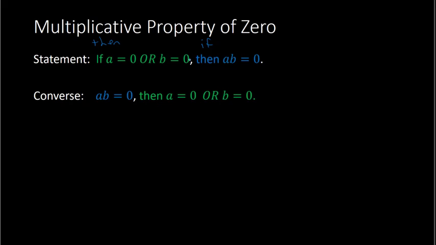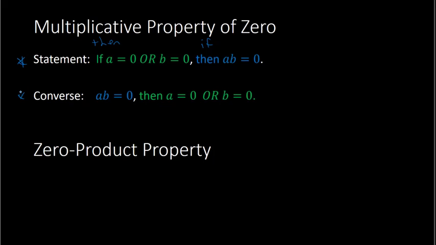So both of these statements are true. And if we put this together into one statement, this is what we call the zero product property. And the zero product property says that this statement and the converse both are true. And the way we write this in shorthand is AB equals 0 if and only if A equals 0 or B equals 0. That phrase simply means that the statement and the converse is true.